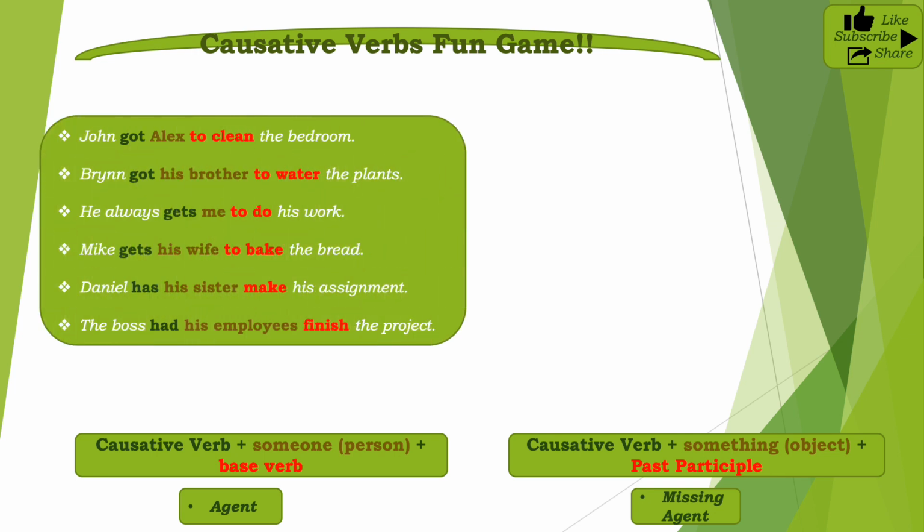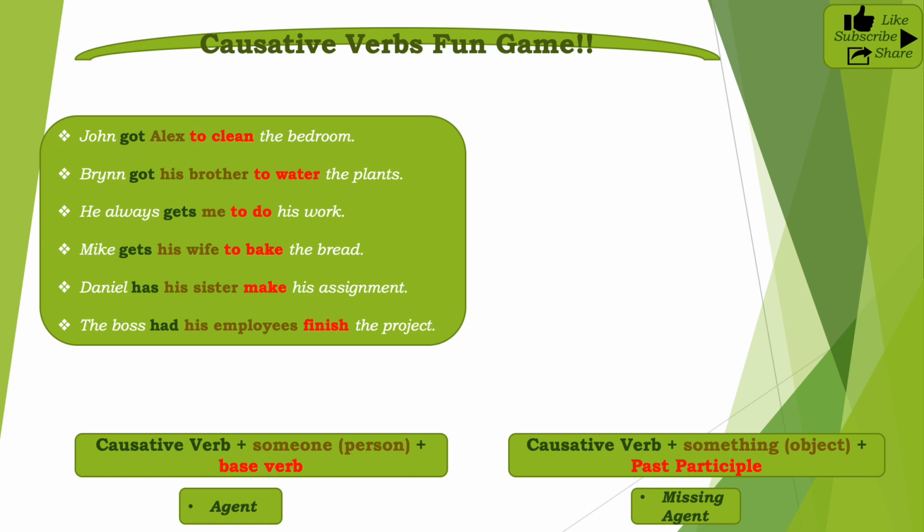Now I am going to give you some sentences and I want you to read all these sentences and try to convert these sentences into structure number 2 where we have the missing agent. So use structure number 2 and use causative verbs get and have. Pause the video and accept the challenge. You can work in a group and come back once you are done.